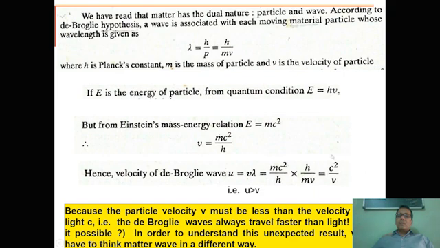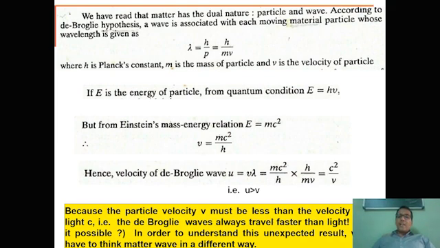So let us see again: v is the velocity of the particle, which is less than c, and u is c square by v. So u is greater than v, as well as greater than c. Because the particle velocity v must be less than the velocity of light c, de Broglie's waves always travel faster than light. Is this possible?